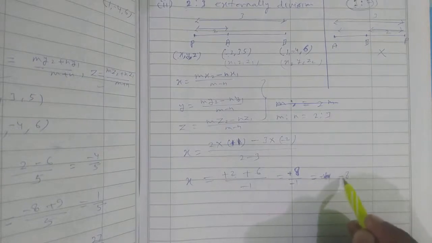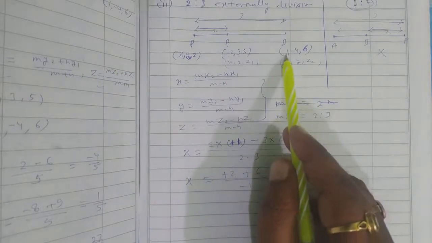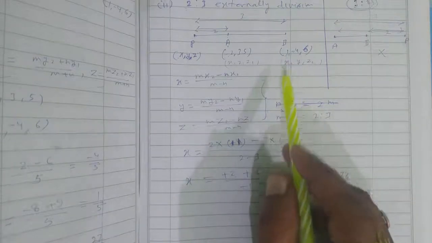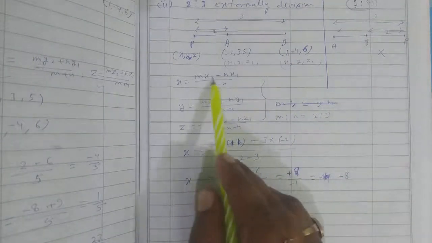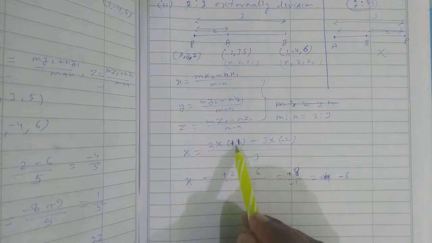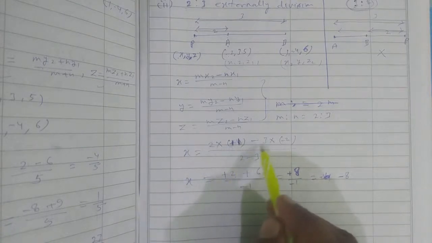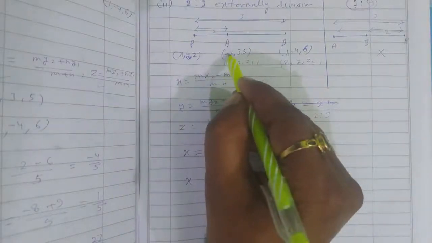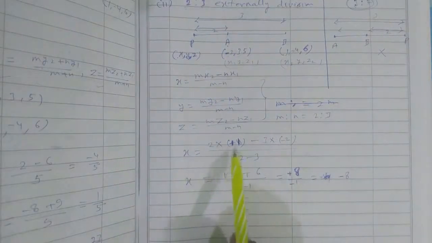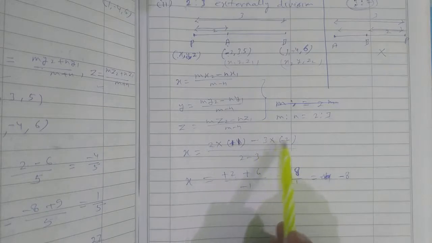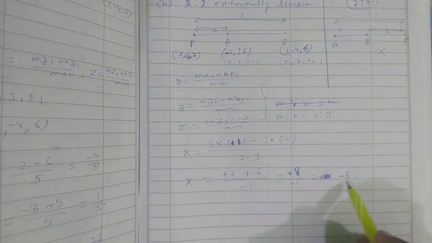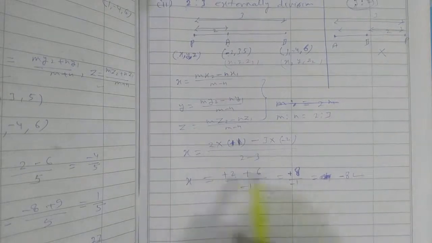This is not minus 4 but minus 8, because here the value of x2 is positive. The m x2 means 2 plus 1, this is a plus 1 sign, or n x1, value of x1 here minus 2, this is the minus 2 sign. The same thing here, then 2 1 is 2 and minus minus is plus, 3 2 is 6, 6 plus 2 is 8 upon minus 1, so the answer will be minus 8.